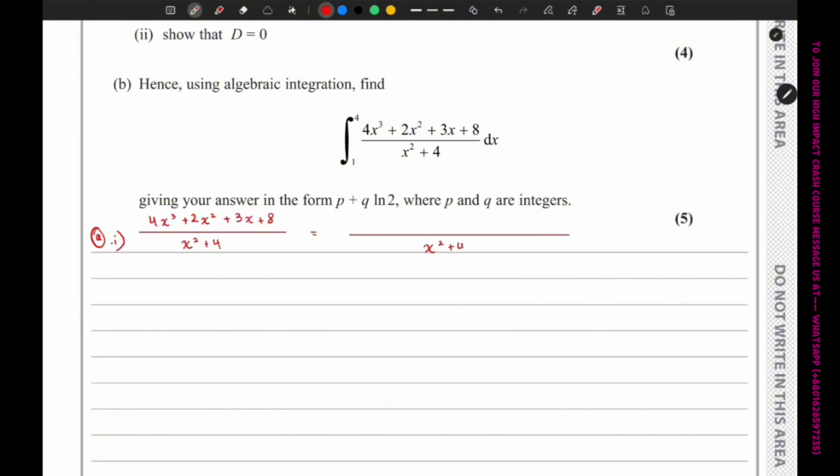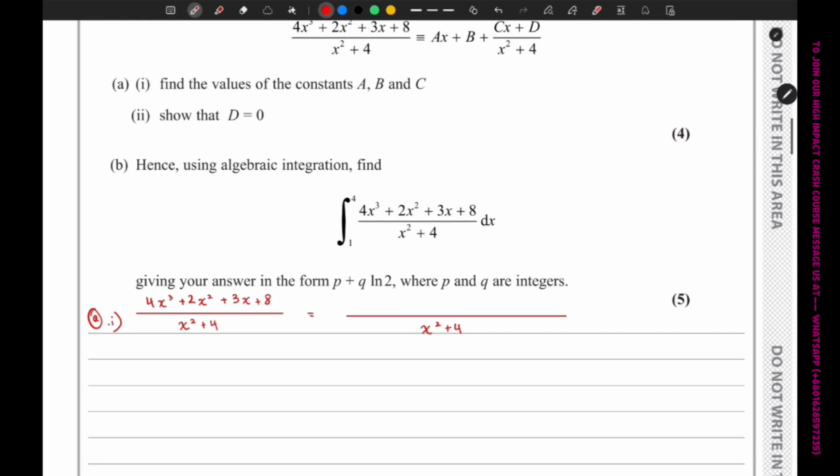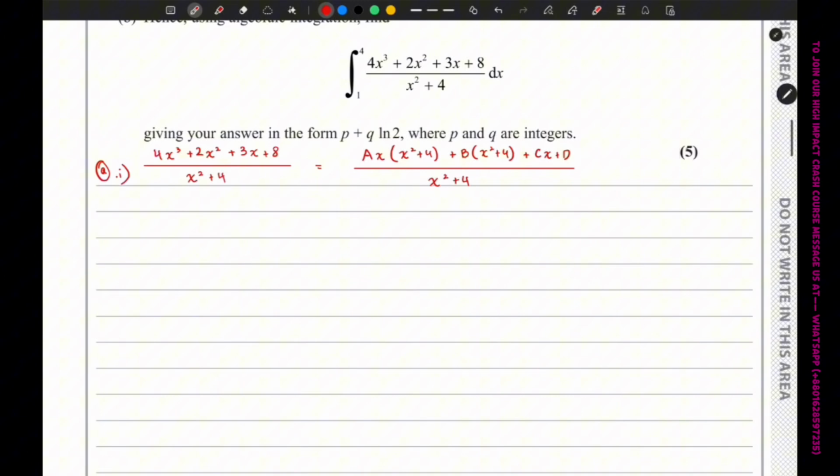So if we take x squared plus 4 as an LCM, this becomes ax times x squared plus 4 plus b times x squared plus 4 plus cx plus d. Alright, now these two cancel out, so the only thing we're left with is this one, 4x cubed plus 2x squared plus 3x plus 8.